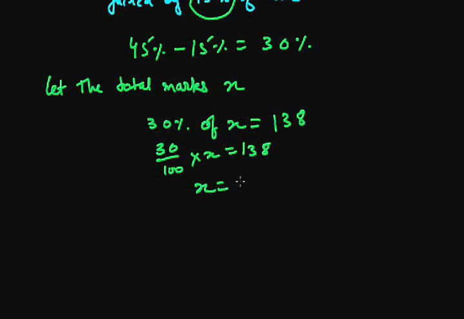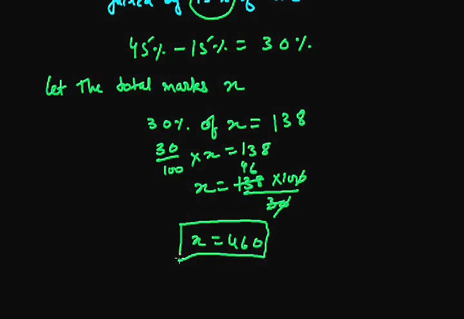So X will be equal to 138 into 100 upon 30. 0 will get cancelled by 0. 3 will cancel it 46 times and X will be equal to 460. That means the total marks was 460, which we have assumed. Since we assumed that total marks are X, total marks was 460.